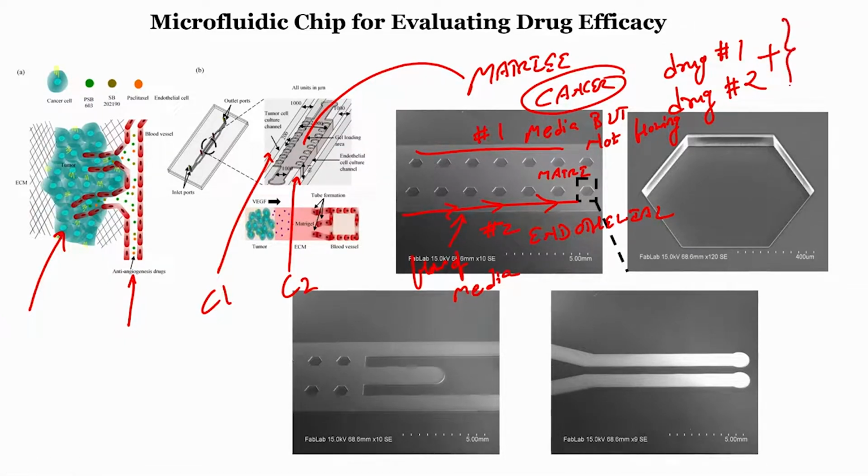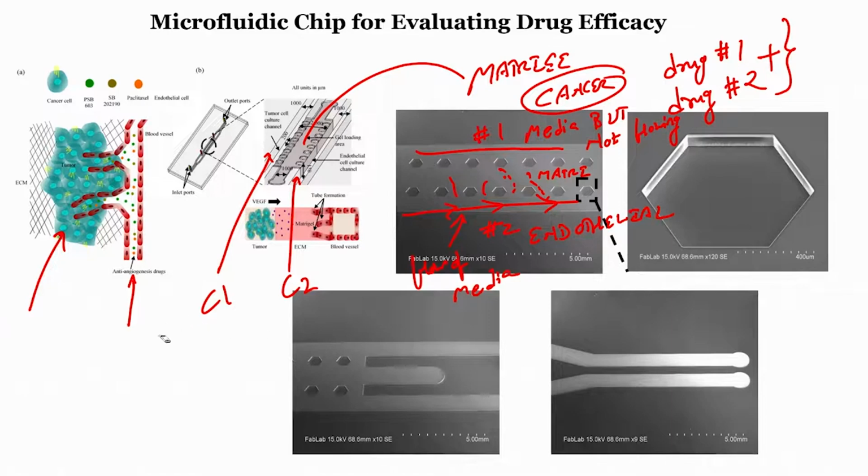What I will find is that a drug which is effective, or a combination of drugs which is effective, will stop the formation of channels, or the channels would be broken like this. If the channels are broken or not forming, then the nutrition from the blood cannot reach the cancer because there is no channel carrying the nutrients. Got it?